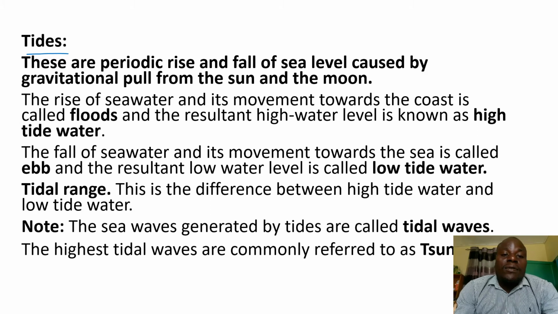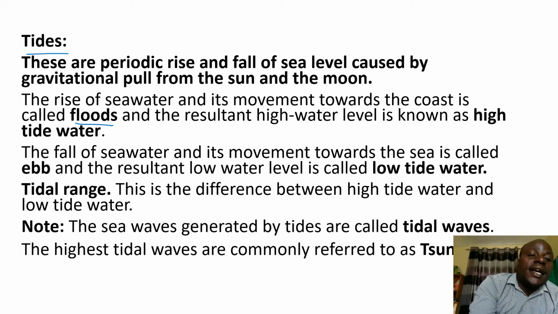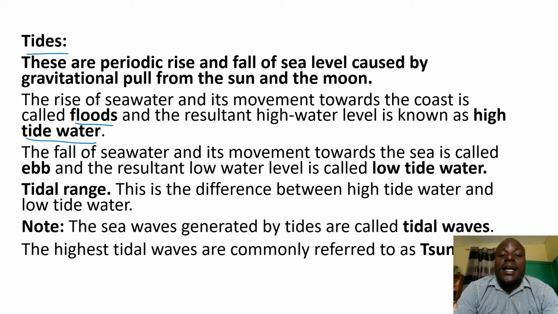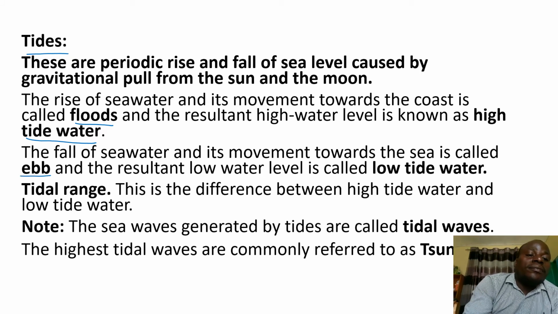The rise of seawater and its movement towards the coast is called flood, and the resultant high water level is known as high tide water. The fall of seawater and its movement towards the sea is called ebb, and the resultant low water level is called low tide water.